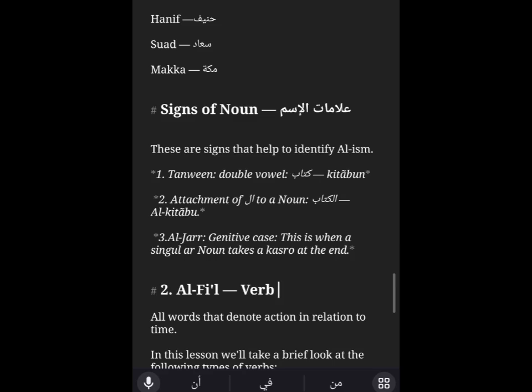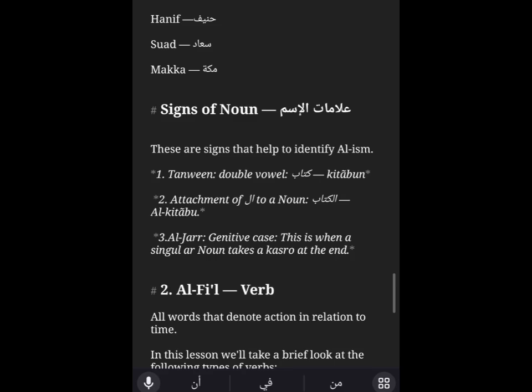For example, in the Quran, you find words like: إذا جاء نصر الله والفتح ورأيت الناس يدخلون في دين الله أفواجا. You see, في دين, and no doubt that the word dini, because it has a kasra, it ends in e, is a noun. في دين الله.